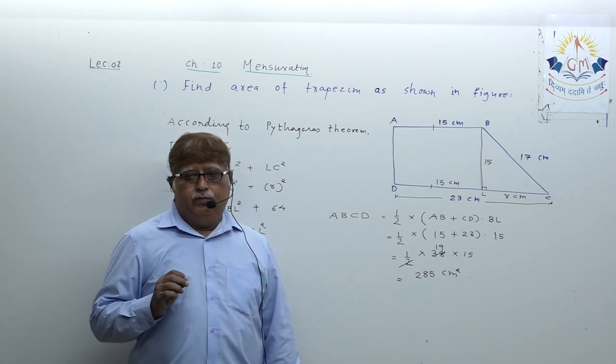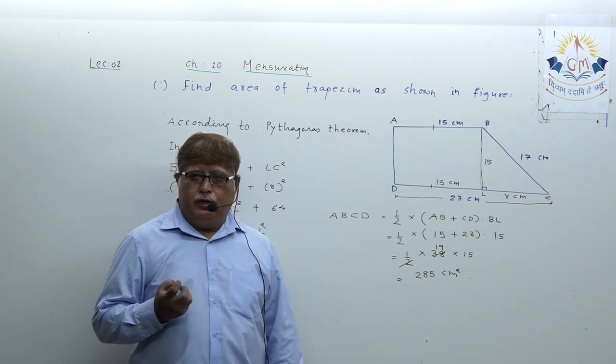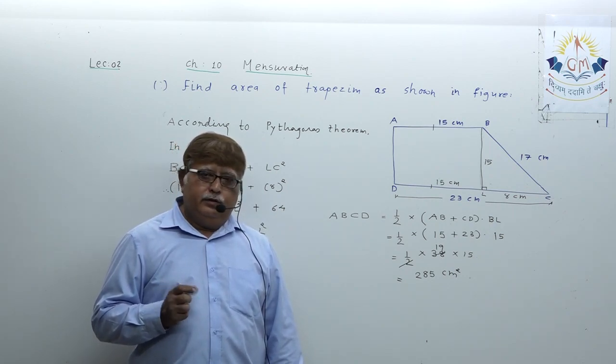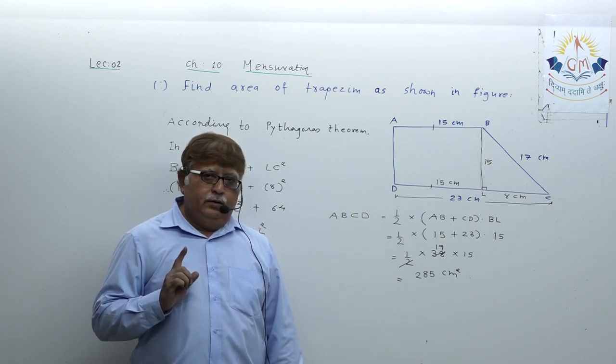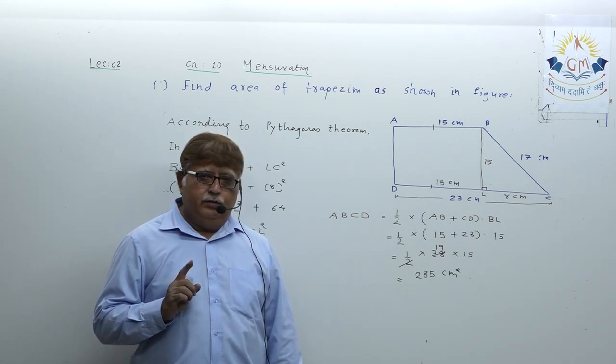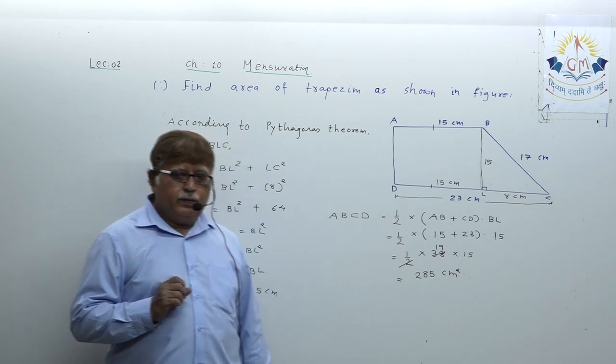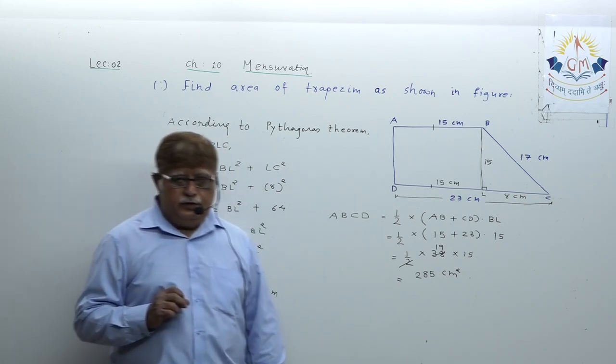When you want to find the area of a trapezium, you should have the length of both the parallel sides.